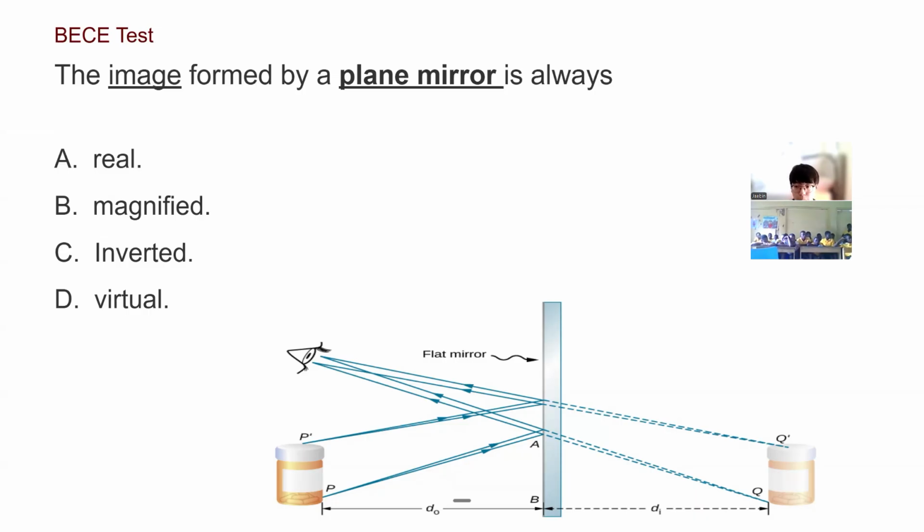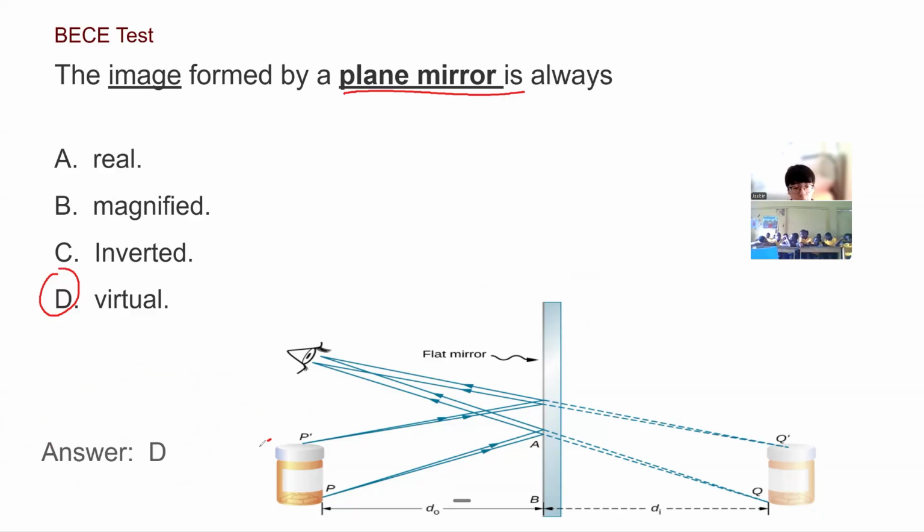I think I heard D, and if you said D, that is correct. The image formed by a plane mirror is always virtual.